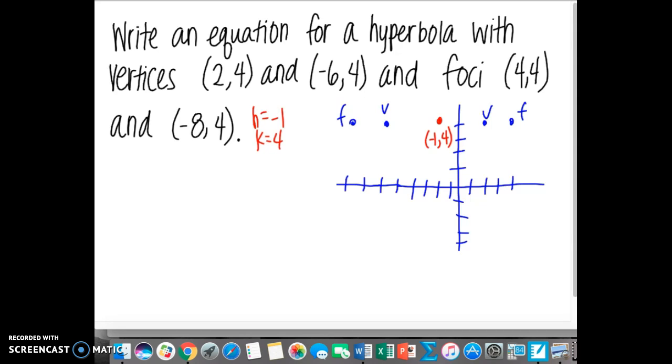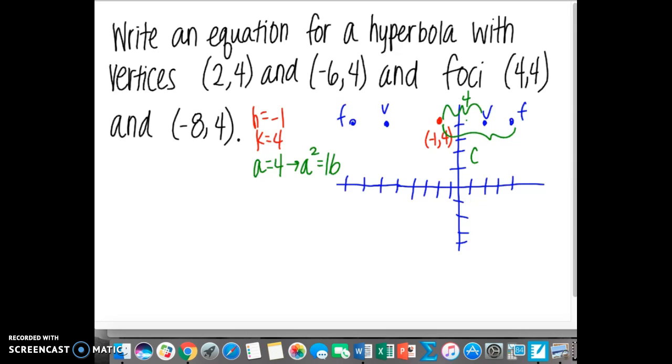Now all that's left is to find our a and b values. So we find our a value by looking at the distance between the center and the vertex. Since we counted 1, 2, 3, 4 units, we know that a equals 4. So that also tells us that a² equals 16. To find our b value, we might not know that right away, but we know that the distance from the center to the focus point is our c value.